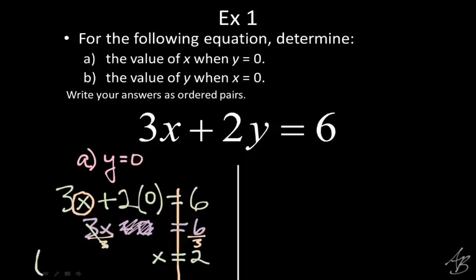When we write the ordered pair, x equals 2, so we put that first, and y equals 0, so we put that second. And that's the answer that we're looking for, so that's the one you want to put a box around. Notice that I didn't box this, but I boxed the ordered pair because that's the answer that we're looking for. Does that make sense?